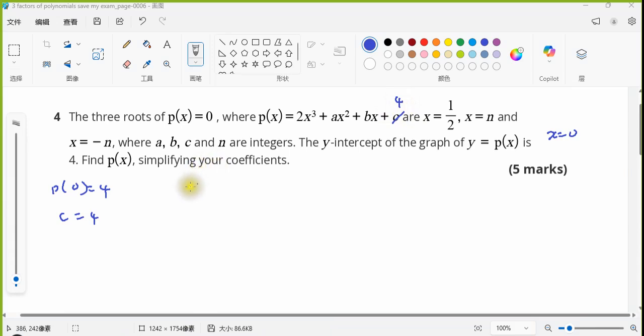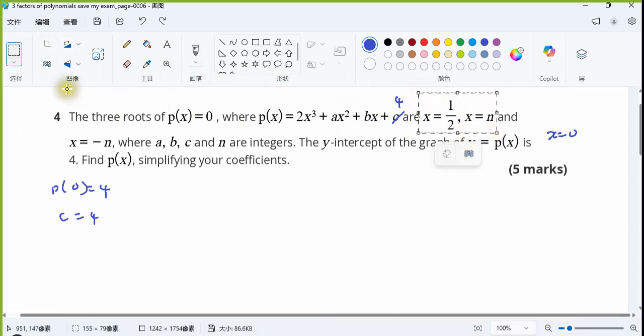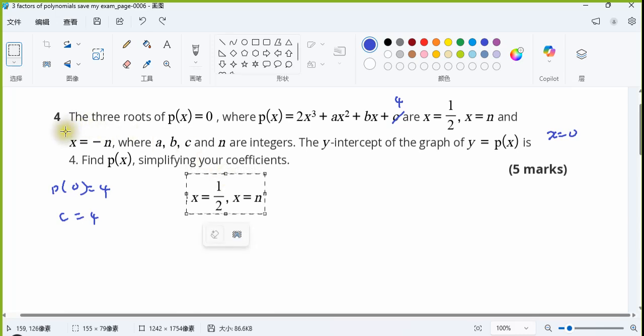And then we will have the 2x cubed. So we know that p(half) equal to 0. So we know that 2x equal to 1 at half, x equal to n, and then we have x equal to negative n.